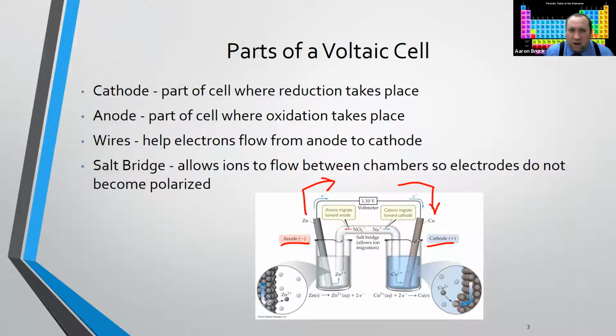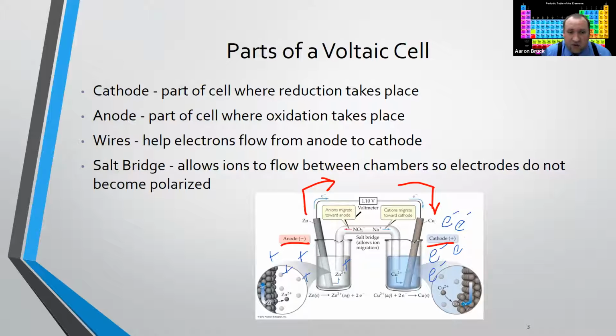If I did not do anything, I would end up having a whole bunch of negative electrical charge here and a whole bunch of positive charge over here as those electrons moved from one side to the other. Polarization is bad. Because basically it makes it so that it is difficult for the next migration of electrons to occur.